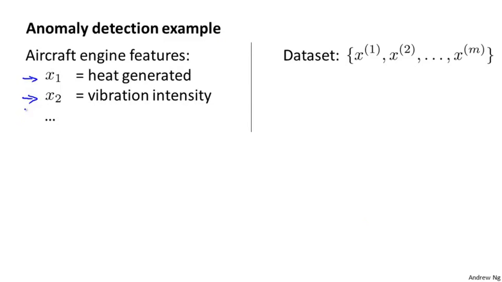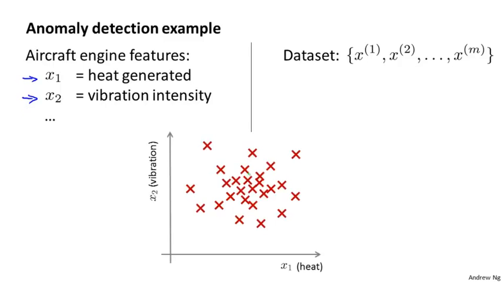I actually have some friends that worked on this problem a long time ago, and these were actually the sorts of features that they were collecting off actual aircraft engines. And so you now have a data set of X1 through XM if you have manufactured M aircraft engines. And if you plot your data, maybe it looks like this. So each point here, each cross here is one of your unlabeled examples.